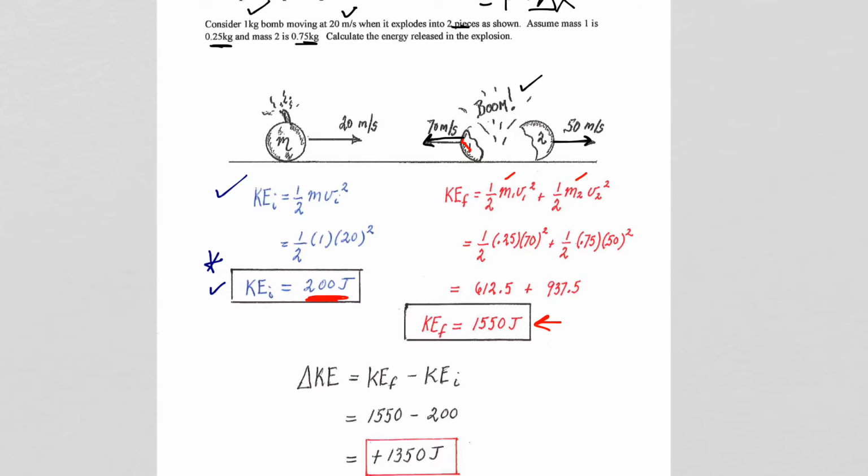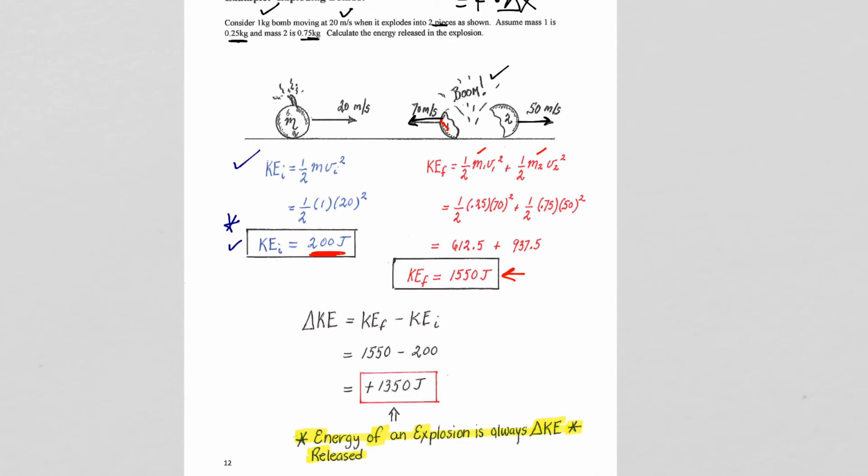So when you want to state the energy that was released in an explosion, you will always calculate the change in the kinetic energy, and you have to subtract off any kinetic energy that was just part of the motion of the object to begin with.